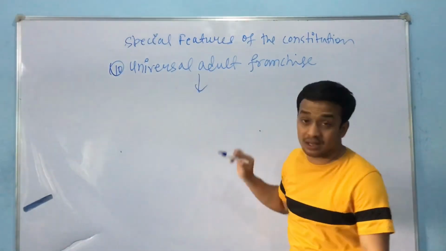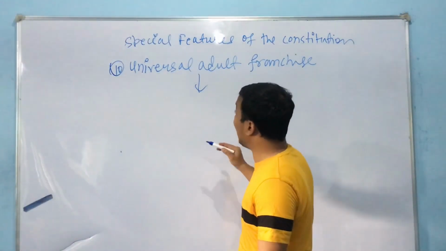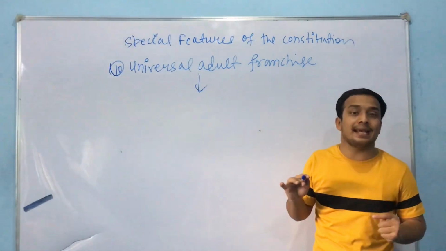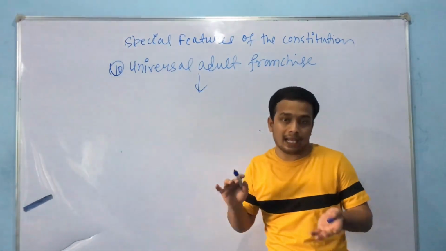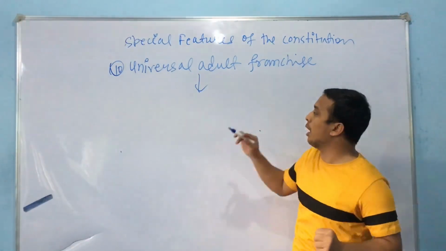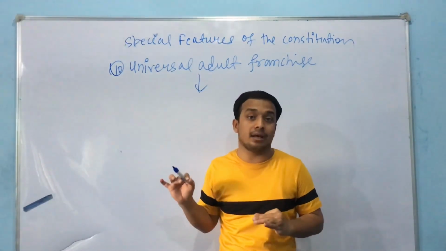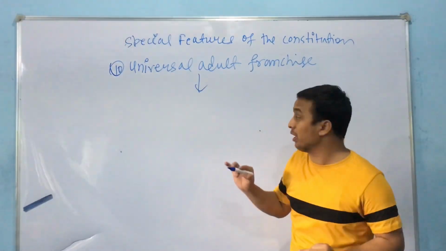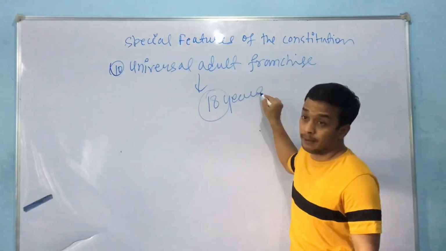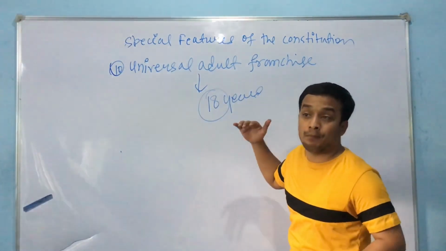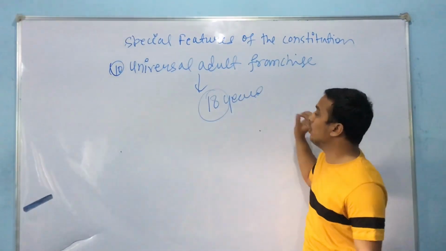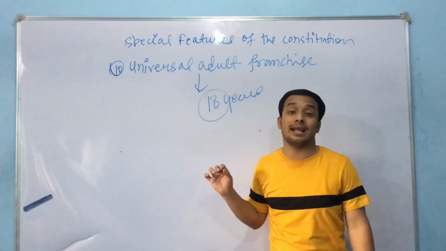Means its simple meaning is that on the attainment of a definite age, there is voting right for all. If after a particular time period you have attained that age, then all the adult citizens in the country have the right to vote. For example, in India this age is 18 years. Meaning if you have completed 18 years of age, then you have the right to vote. That is called universal adult franchise.